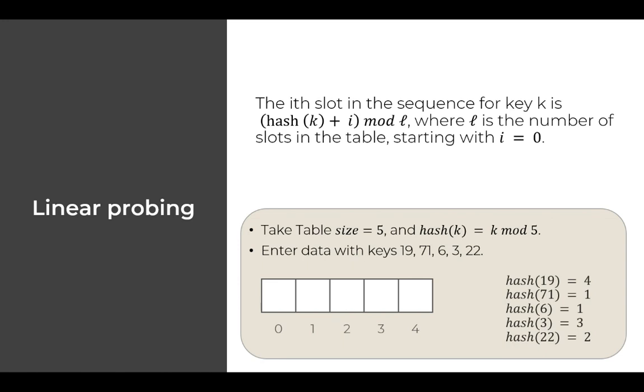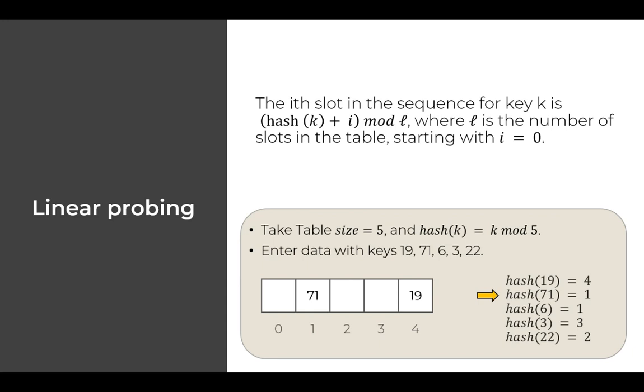The hash value for the key 19 is 4, the hash value for the key 71 is 1, and so on. So let's insert 19. The hash value is 4, so we insert 19 at position 4. Then we look at 71. The hash value is 1, so we insert 71 at position 1.